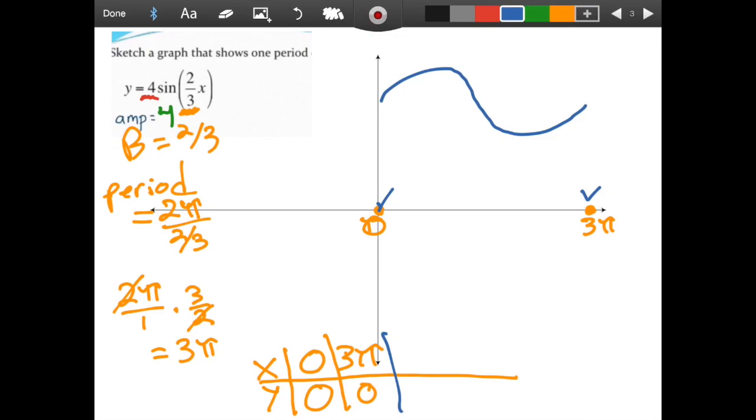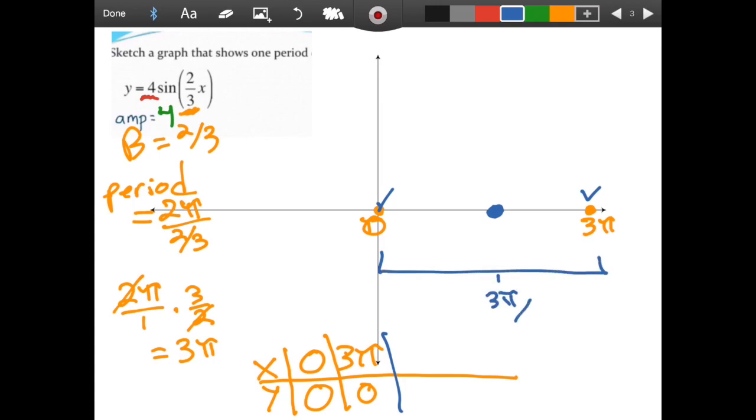So I know that halfway in between, I'm going to get another point that's on the x-axis. So halfway between 3 pi, it's going to be 3 pi over 2, which makes sense. It's half of that distance. So this outcome is also 0.